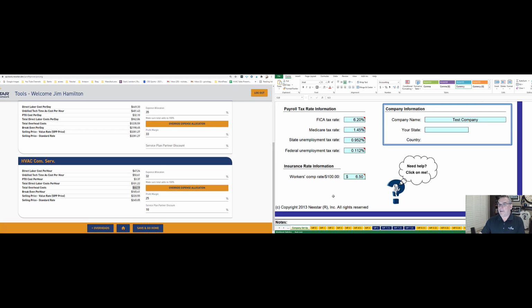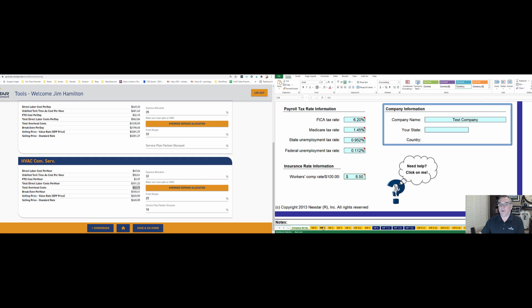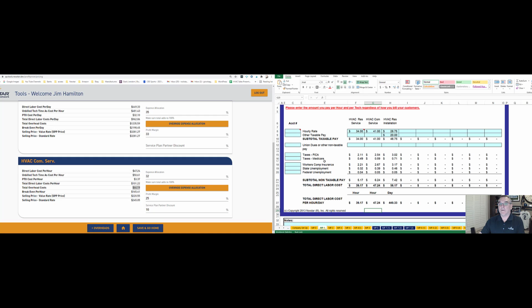I don't think we captured that here, but we are capturing this workers' comp rate when we look at the breakup here, because we do have the workers' comp rate here. So it is capturing it here. So I don't know. Maybe that's the difference. Maybe that's not different. Maybe we're capturing it all in here with that workers' comp rate.